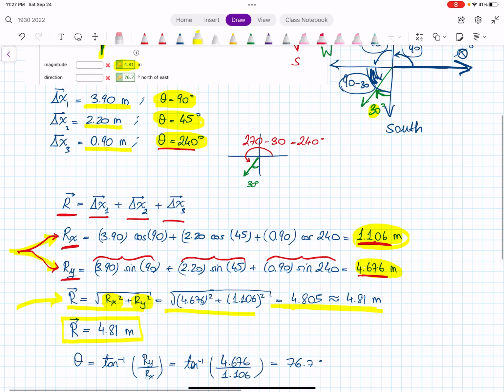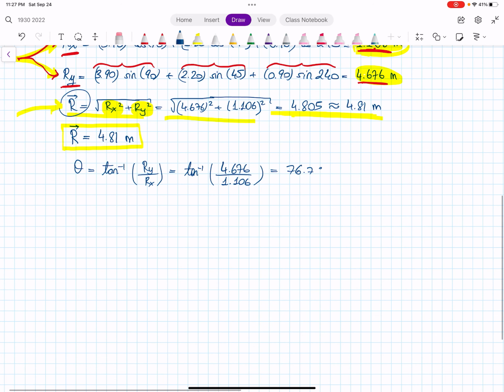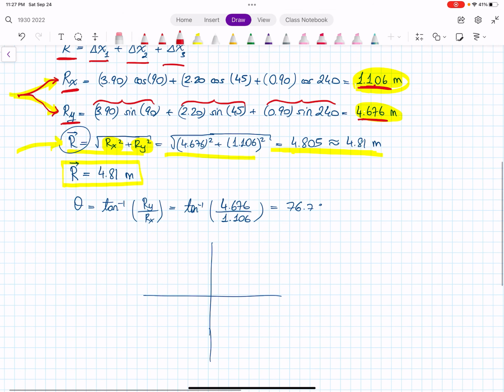Finally, we are asked to determine the angle. How do you find the angle, everybody? If you are given the resultant vector, you are given the horizontal component 1 meters, you are given the vertical component 4.6 meters.